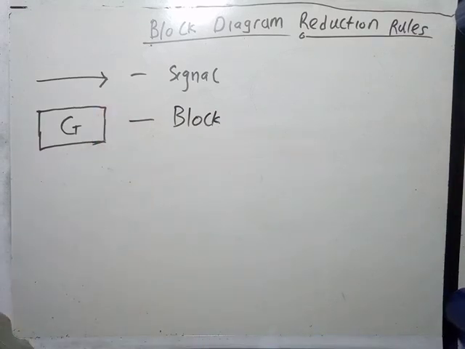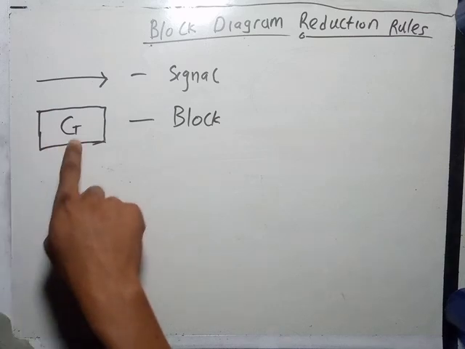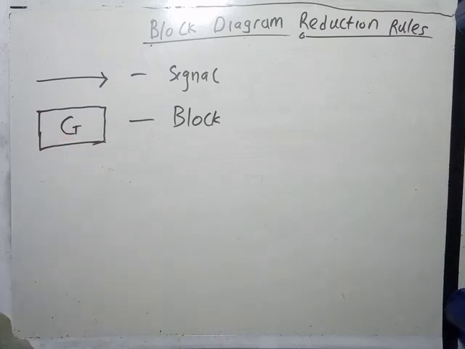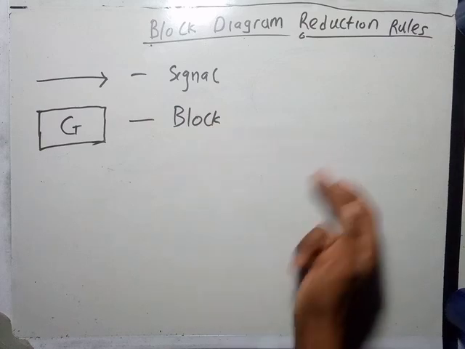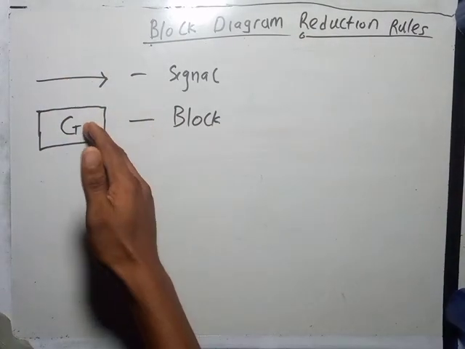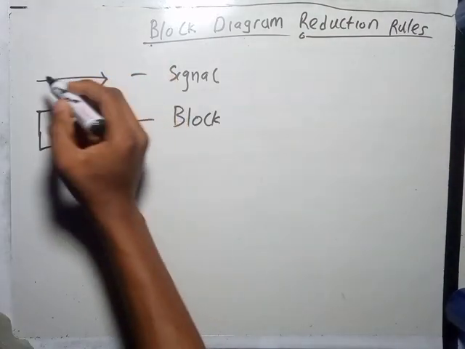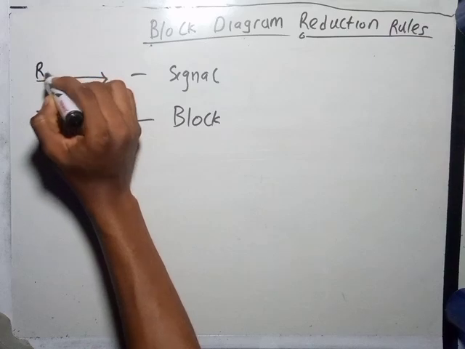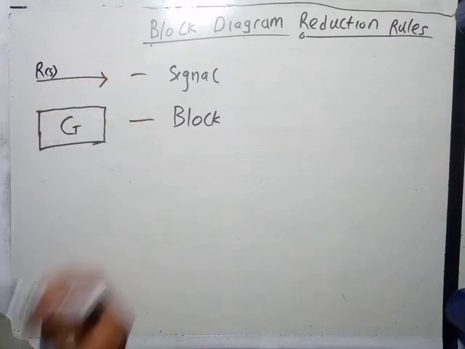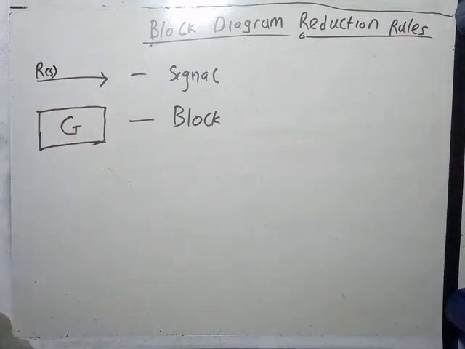And one unique thing about a block diagram is that when a signal passes through a block, the product at the output will always be the product of whatever this signal is and whatever this G is. Our signal normally has a sign, let me say an arrow of S or A. Anytime I choose to call it an alphabet, I put it there. Let me say it's just representing our reference input signal.